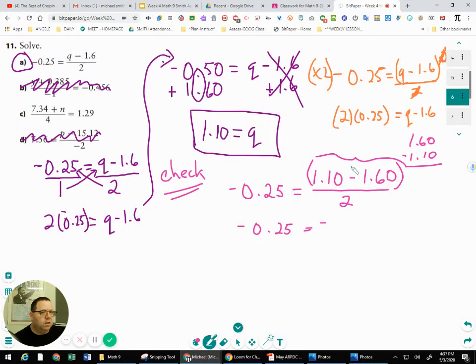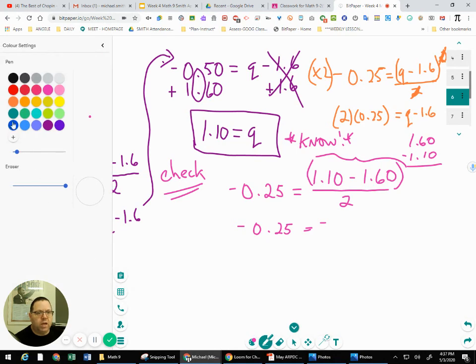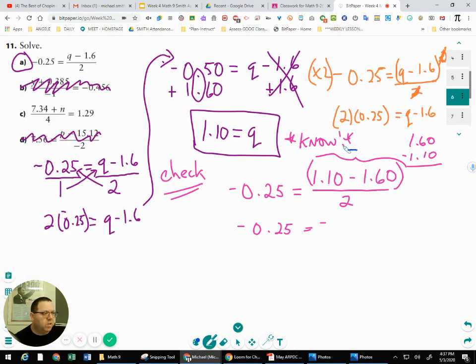Now, I know some of you are saying, Mr. Smith, you just reversed the signs. I only did that so I can do the subtraction. I am 100% certain the answer has got to be a negative. I'm taking a relatively smaller number and subtracting a larger number from it.